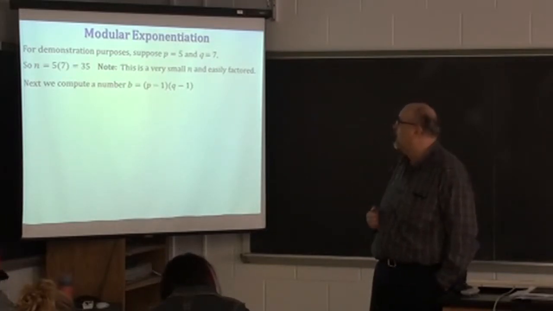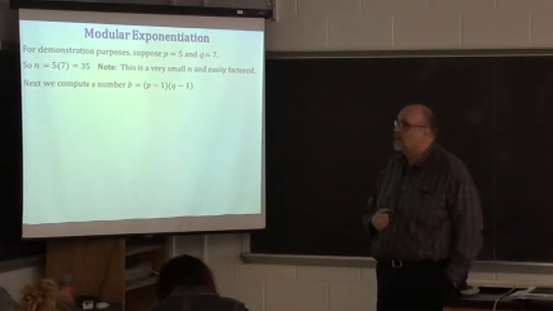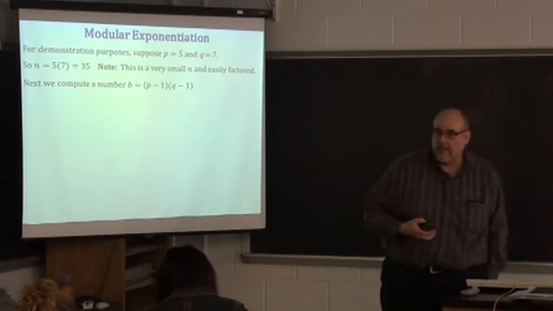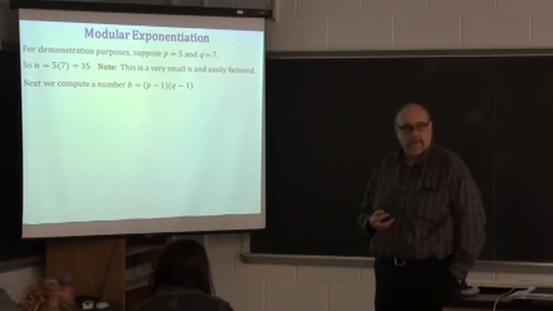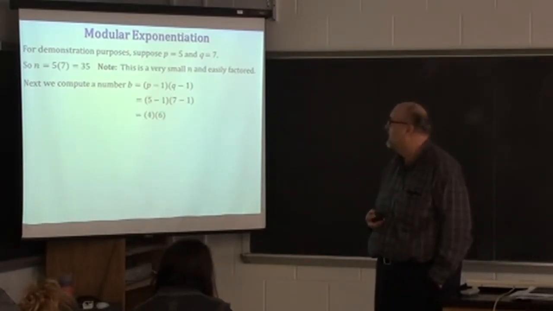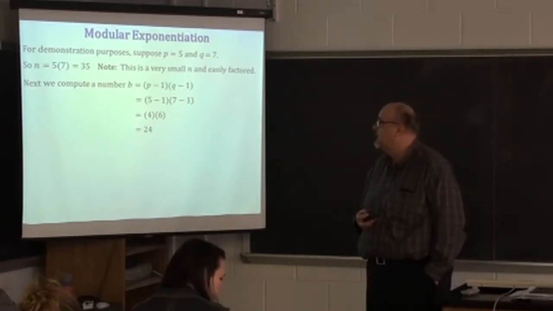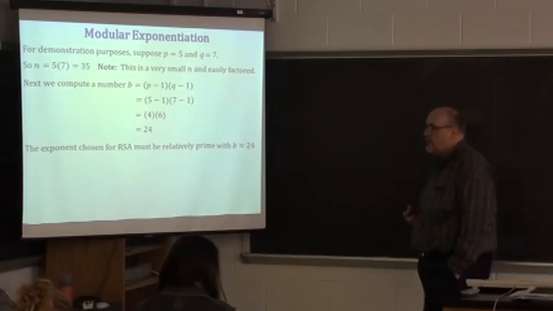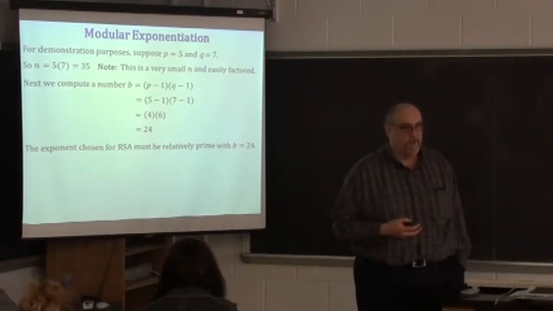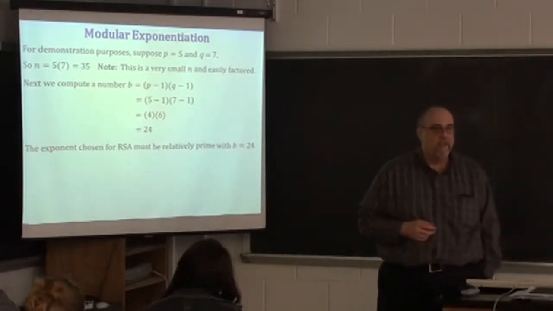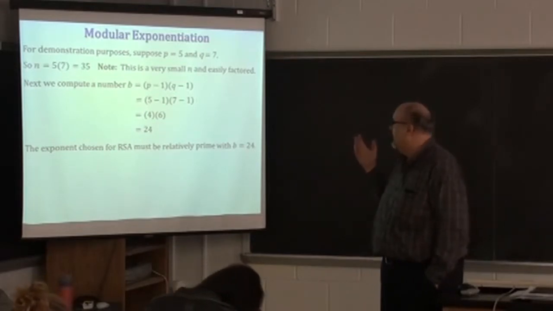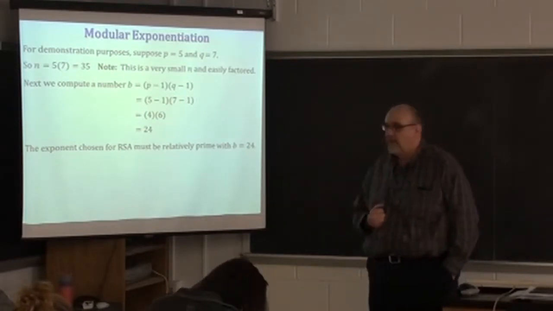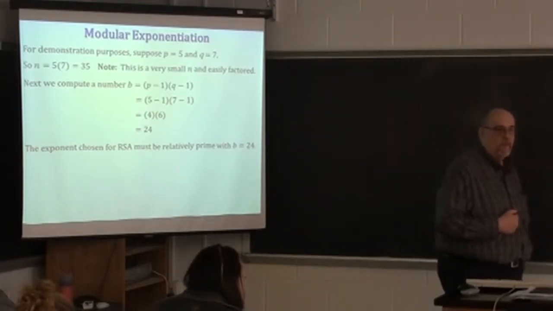So, what is (p minus 1) times (q minus 1)? 4 times 6, which is 24, right? So the exponent that you choose in your RSA encryption or enciphering is a number that has to be relatively prime with 24.